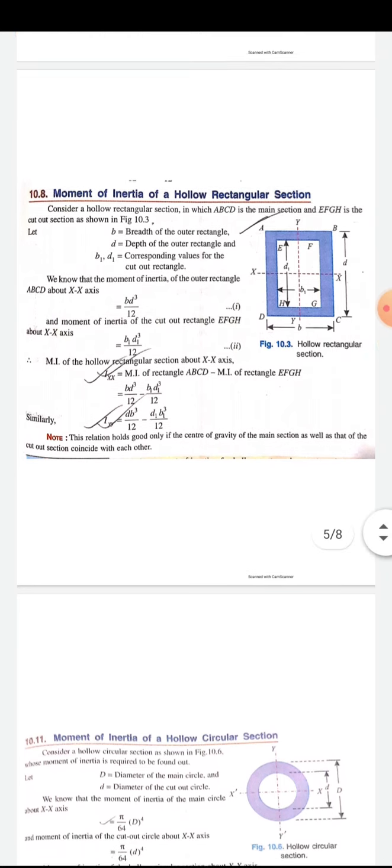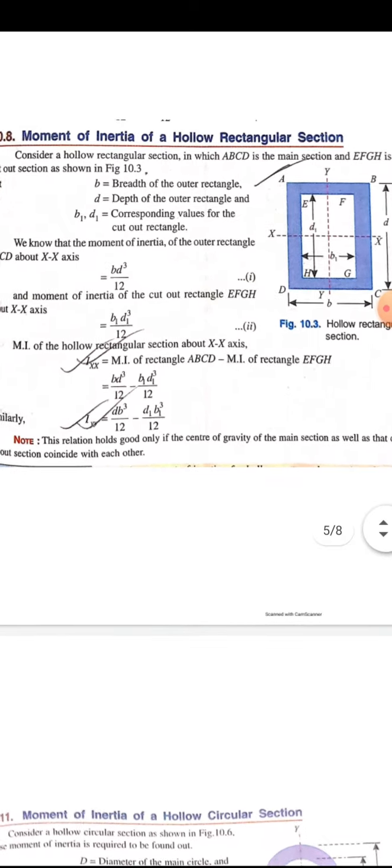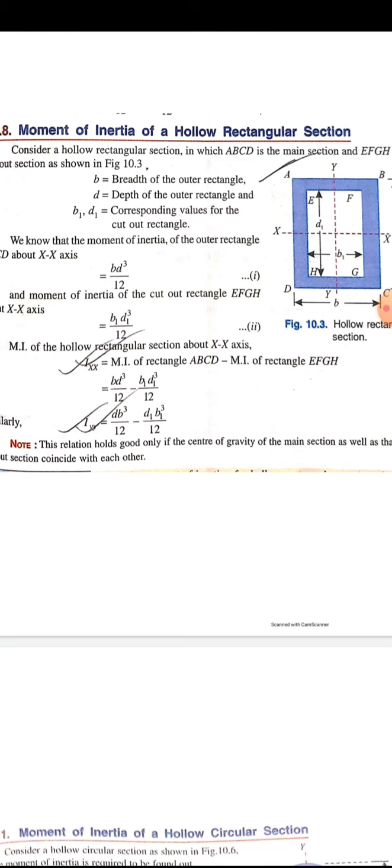Mind it, about the x axis, Ixx equal to b d cube by 12. We know that the moment of inertia of rectangular EFGH about the x axis is b1 d1 cube by 12. Clear?